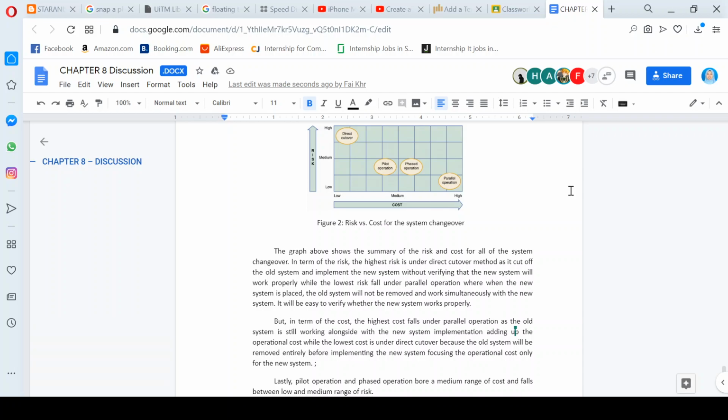Certain project manager, dia lebih prefer menggunakan pilot operation ataupun phase operation. Biasanya kita akan jumpa direct cut over dengan parallel operation, kebanyakannya. Tetapi ada certain programmer dia lebih kepada pilot operation dan juga phase operation, which depend on the project manager. Right. Kelas ada soalan?